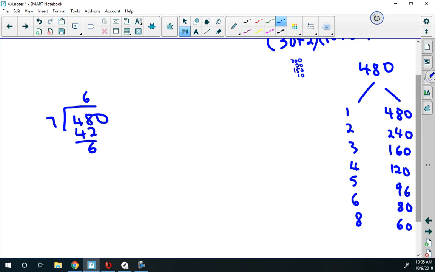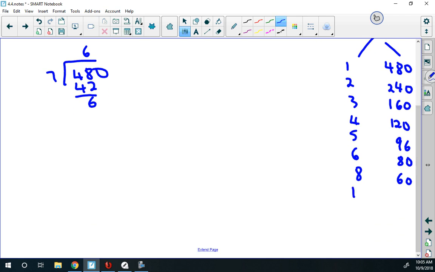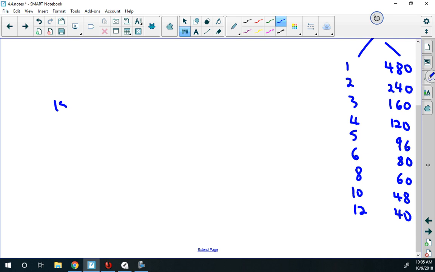Does 9 go into it? I don't think 9 does. 4 plus 8 is 12. 12 is not divisible by 9. 10's going to go into it 48 times. I don't think 11 works. 6 worked an even number of times, so 12 is going to work 40 times. 13 I don't think does. 14 doesn't because 7 didn't. 15 into 480. That's 3. That's 45. That's 3. That's 32.